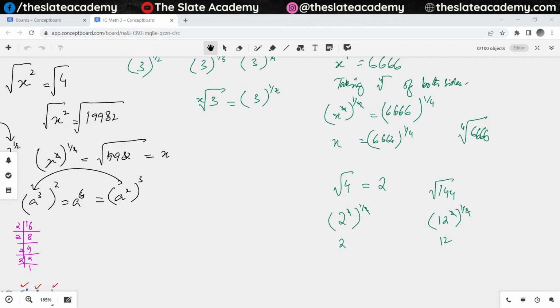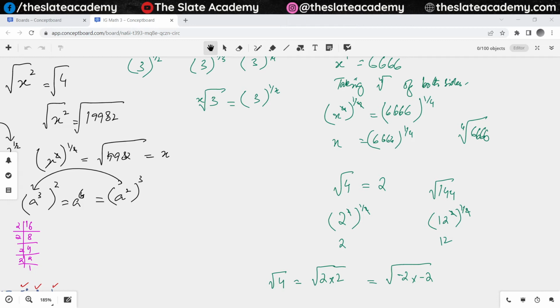Because root 4, I can write it as root of 2 multiplied by 2, or 2 squared, right? Root 4. Are you following me? I can also write it as under root minus 2 times minus 2. I'm multiplying minus with minus.